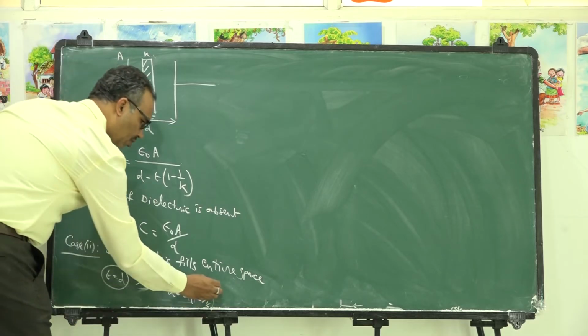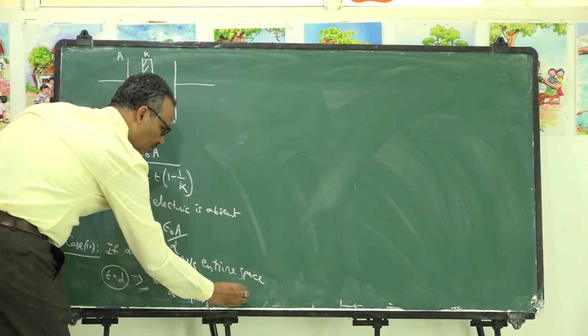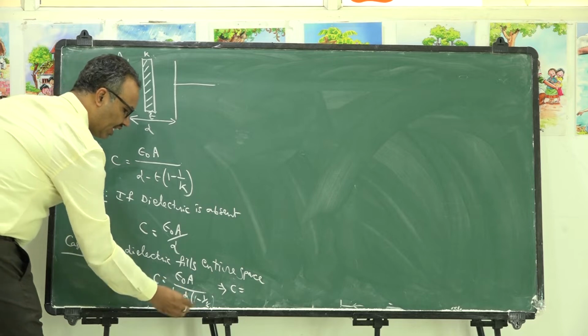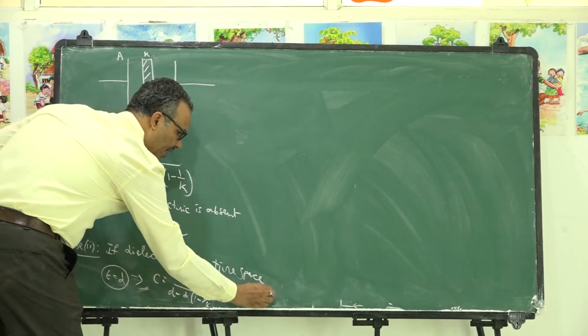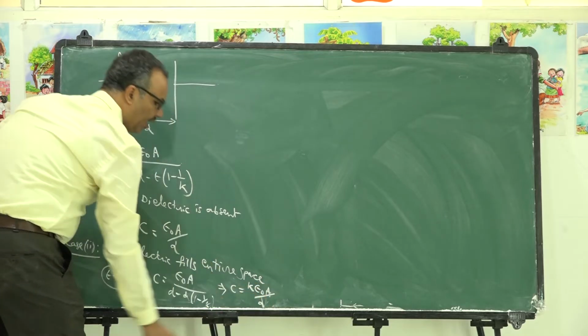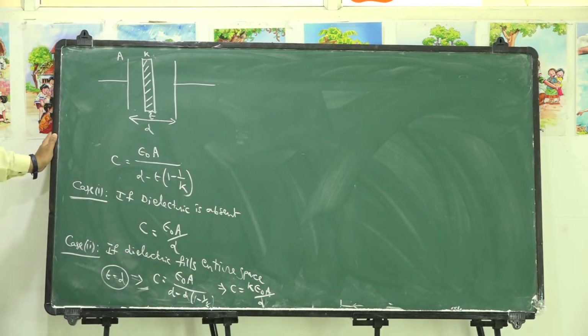What will happen? D minus D gets cancelled, and it becomes C = Kε₀A / D.